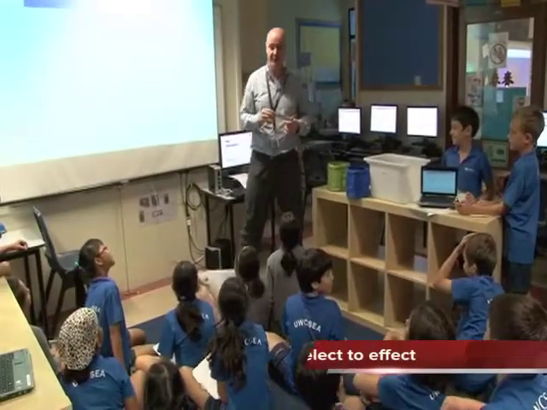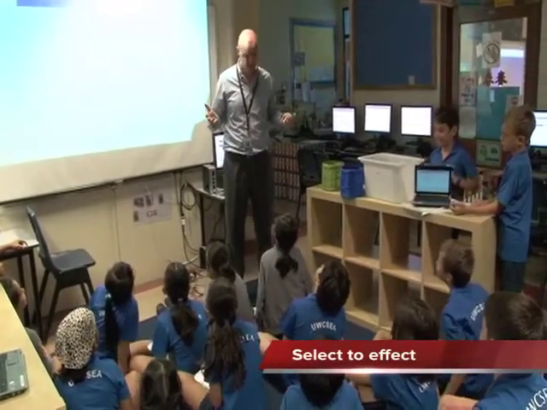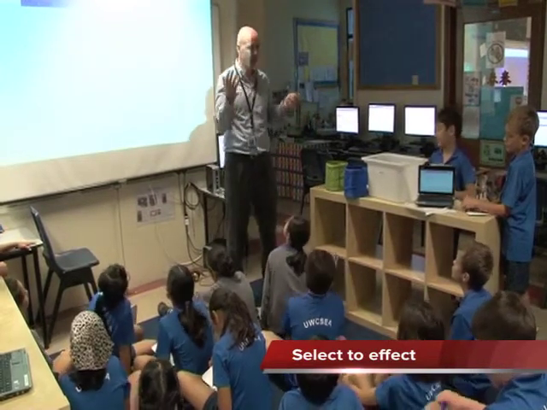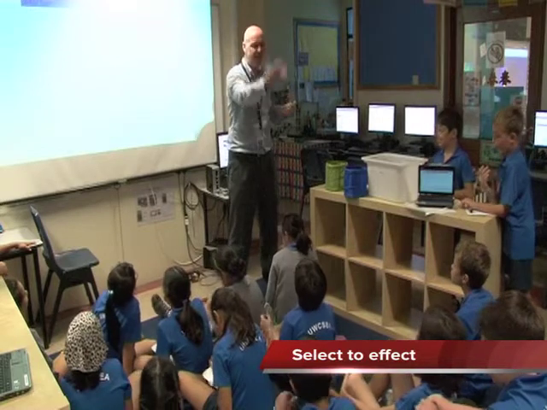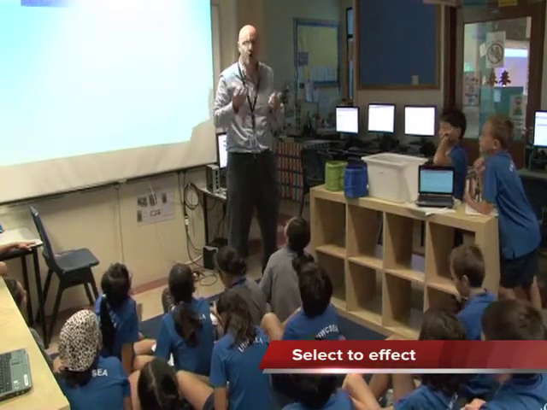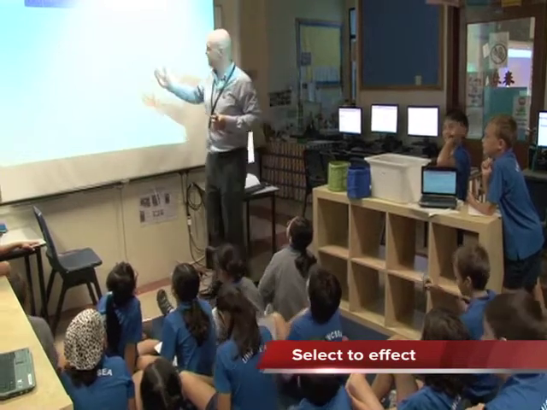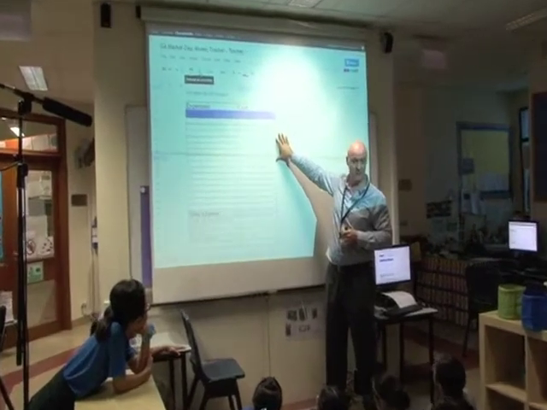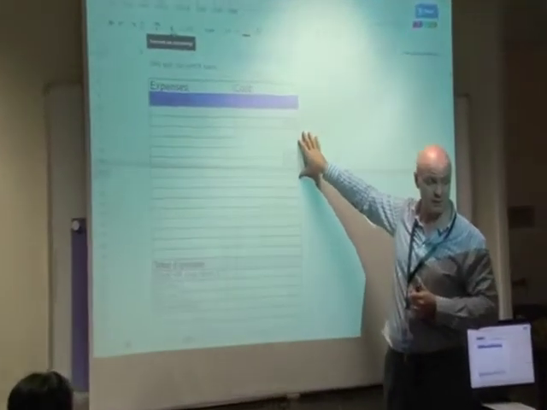The term I'm going to share with you is select to affect. It's a big rule in computing. Whenever you're on any piece of software and you want to do something, select it first. Otherwise the computer's going, dude, what? Change what? At the moment I've selected these cells. Are they the ones I want to affect? So I need to select to affect. Isha, what do I need to select?